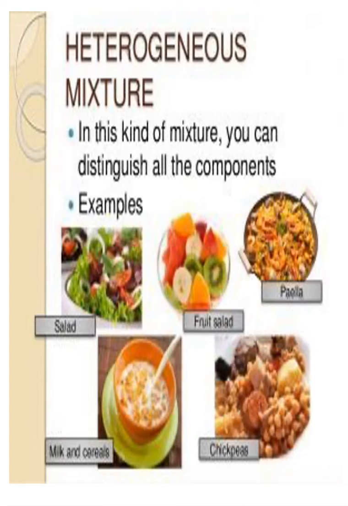Heterogeneous mixtures. In this kind of mixture, you can distinguish all the components. Kapag sinabi namang heterogeneous mixtures, kung na-try nyo nang kumain ng salad, halo-halo, and others, let's have for example halo-halo.